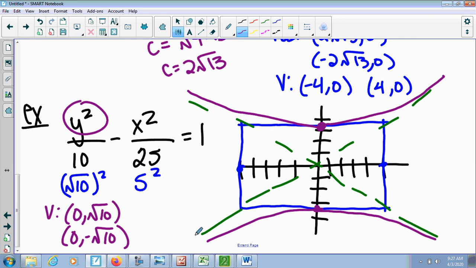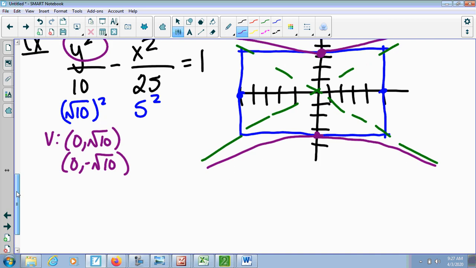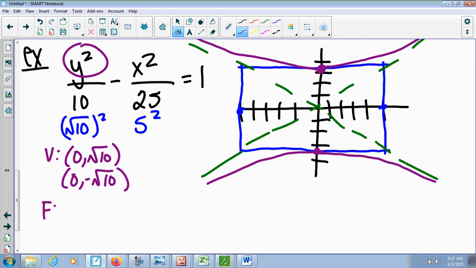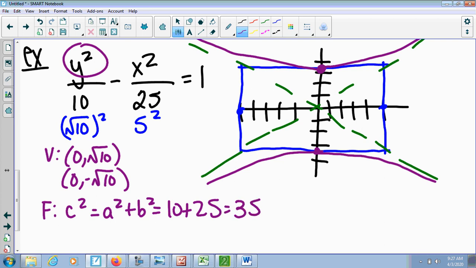And now I'll find my foci. c squared is a squared plus b squared, which is 10 plus 25, that's 35. So c is the square root of 35, and that cannot be broken down anymore.